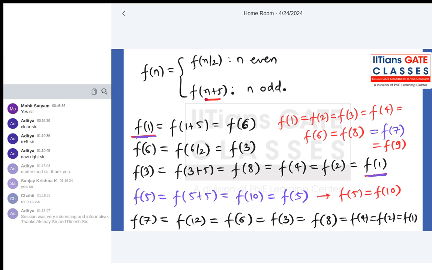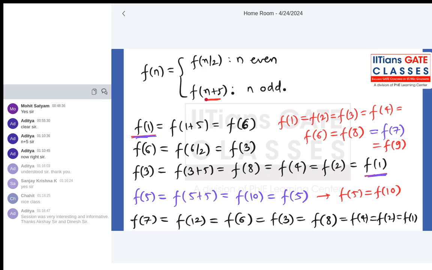If n is a multiple of 5, you are making it an even number by adding 5, and if you divide it by 2, it will come back to a multiple of 5 only. For example, if I take n as 5, add 5 to it, it becomes 10. And then if I divide it by 2, it is still a multiple of 5, no?